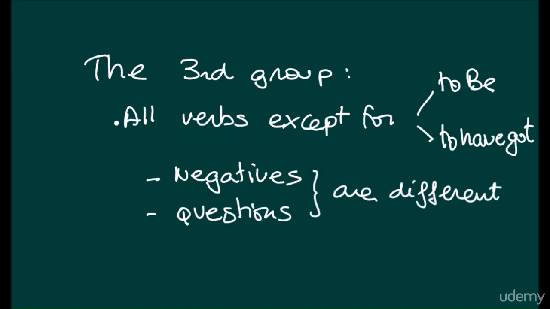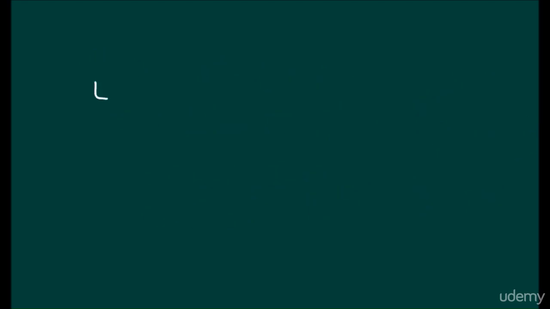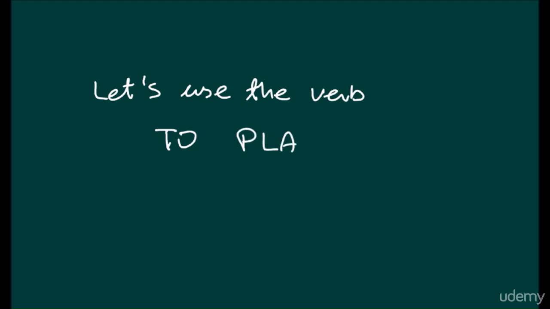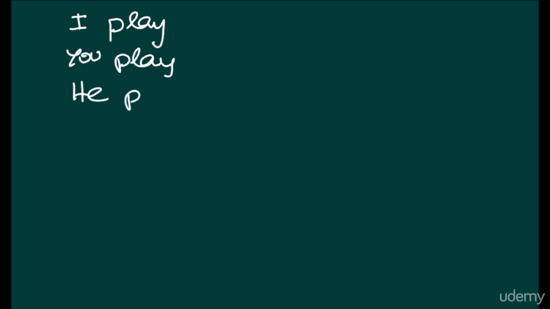Let's see how we create the sentences in present simple with verbs that are not the verb to be or the verb have got. Let's start with the positive sentences. Let's use the verb play. We say, I play, you play, but in he, she, it, we say plays.